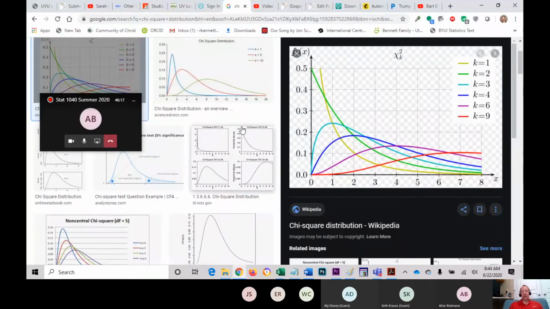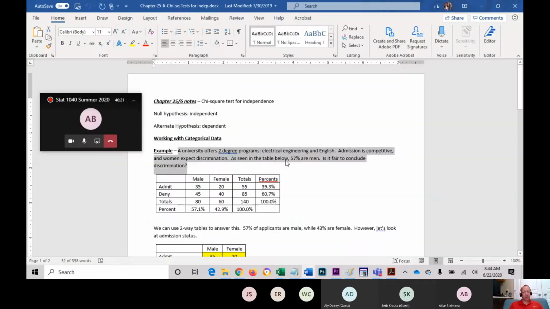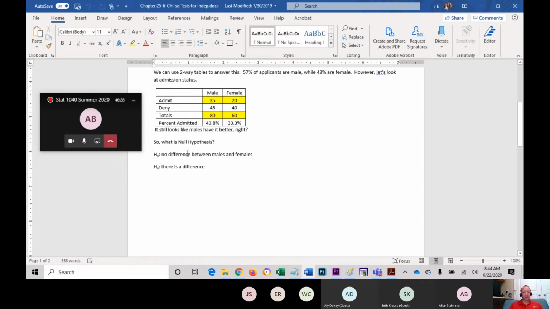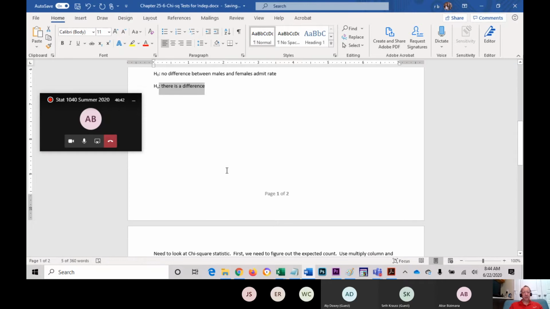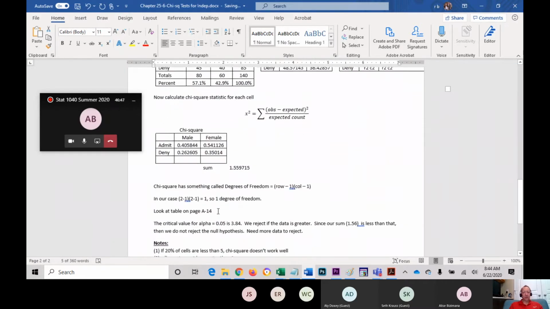Let me catch up to my notes here. I've got a lot of this here, and I will definitely post this. The null hypothesis, in my notes, I said there's no difference between the male and female admit rate. I probably should say that. The alternative is saying there is a difference. All right, so I've got all this stuff here.